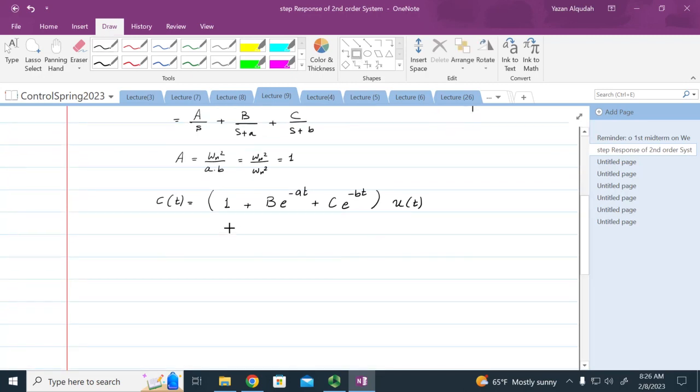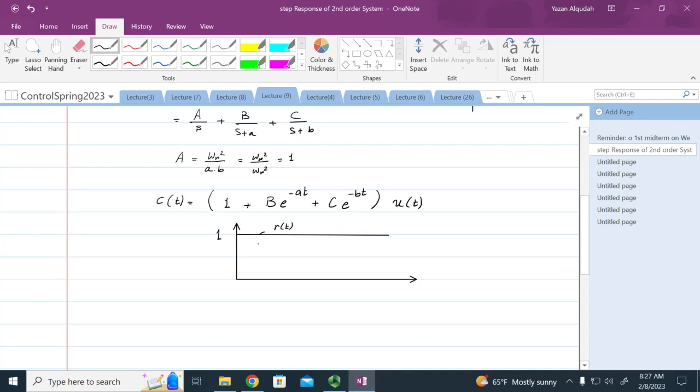How do you think this response is going to look like? If we applied a unit step, so this is 1, this is my input, this is r of t. How is the response going to look like?